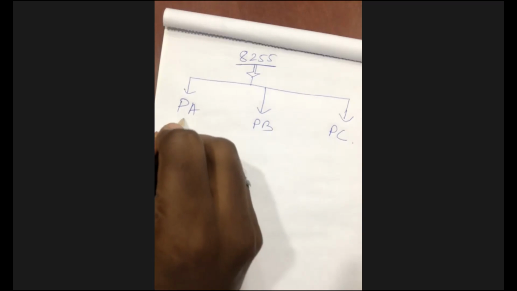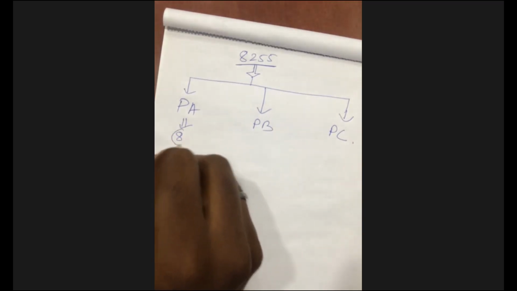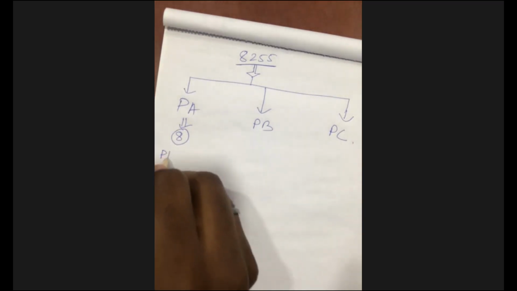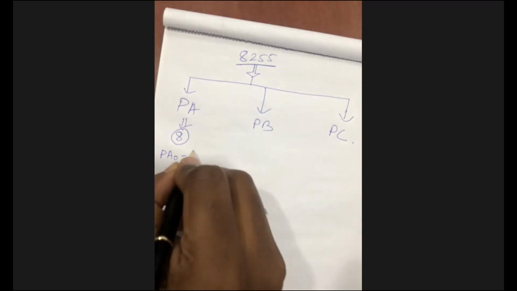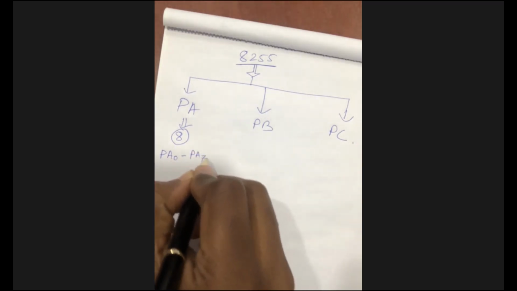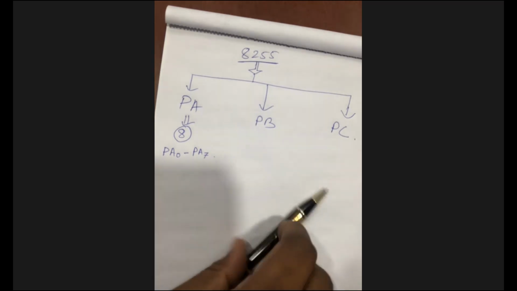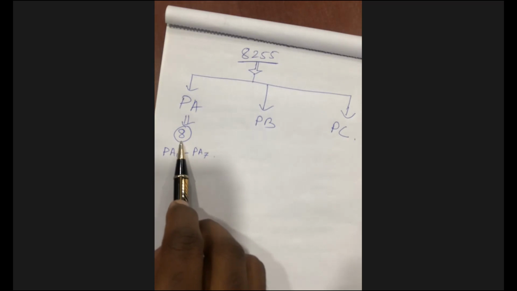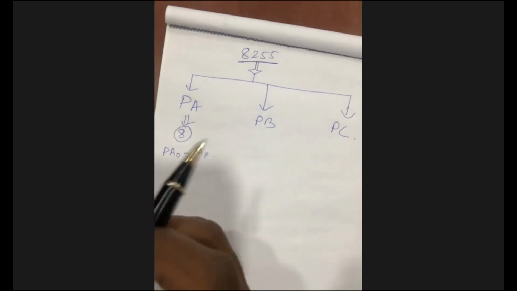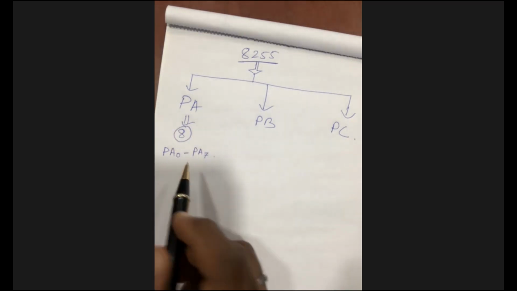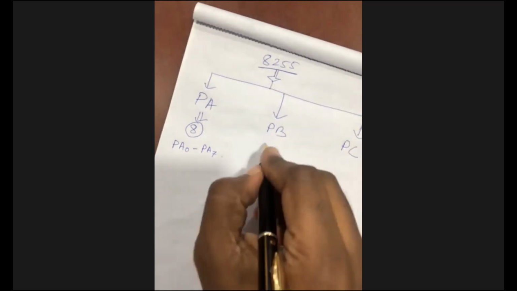But in port A, there are 8 fingers. That's why the names are PA0 to PA7. Every port has 8 pins, and the 8 pins have different names, PA0 to PA7.